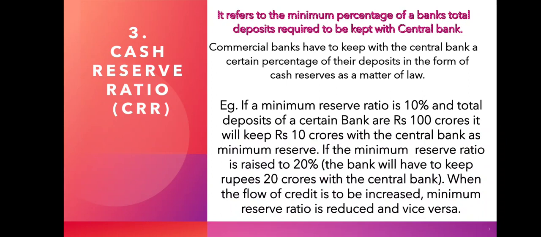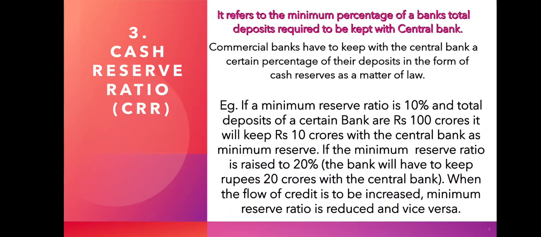For example, if the minimum reserve ratio is 10% and the central bank says 10% of your total deposits you have to keep with us, and the total deposits of a certain bank are rupees 100 crores, it will keep 10 crores with the central bank. 10 crores is 10% of 100 crores, right? So that amount will be kept with the central bank as minimum reserve.